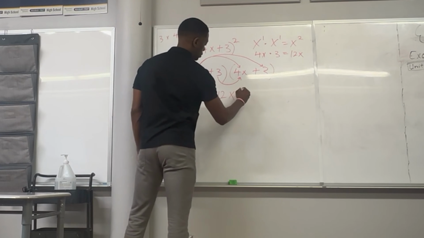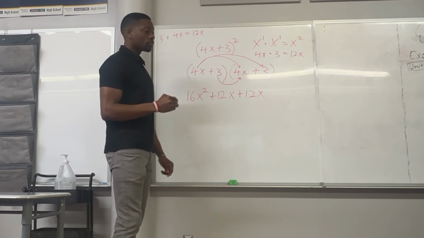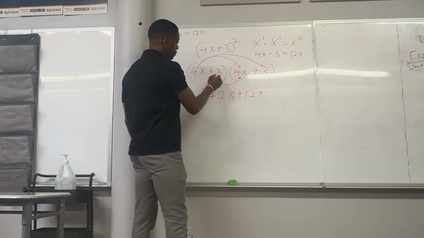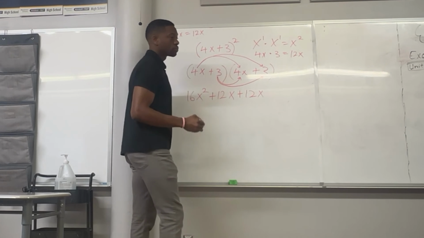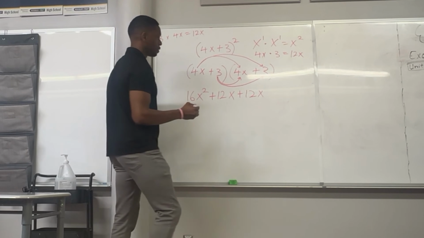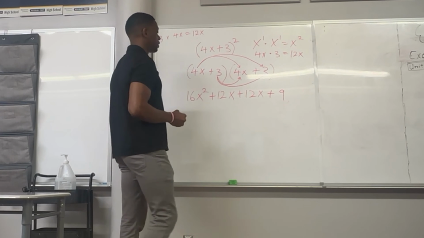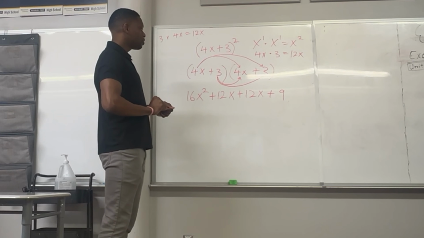Plus 12x. And then finally, what is 3 again times 3? 9. Positive 9. Gregory, what should I do next?